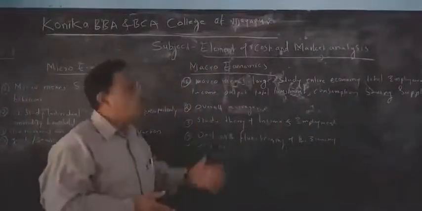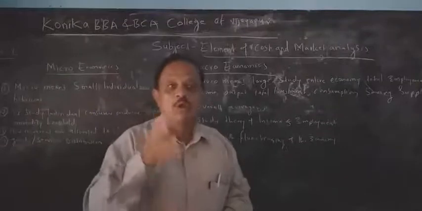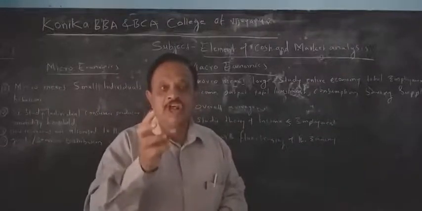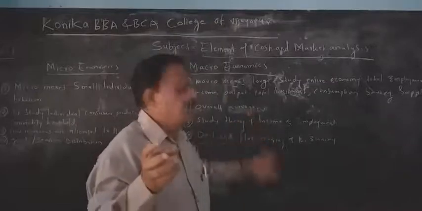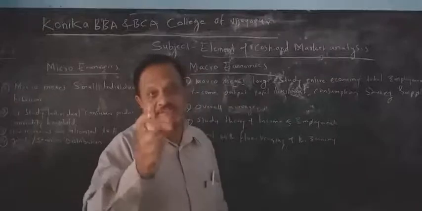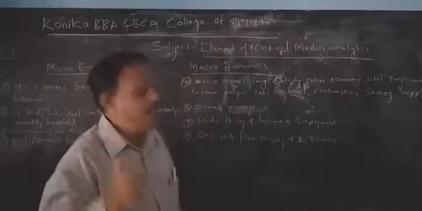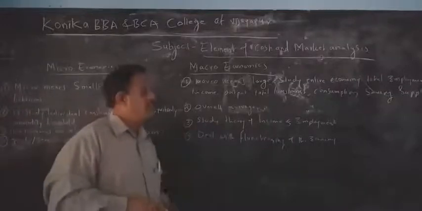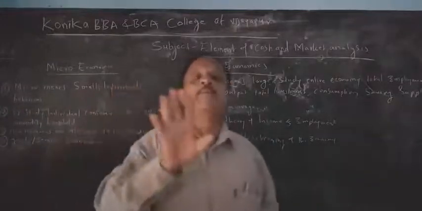Then the overall average of almost all employment, income, consumption, output, supply and total saving, we have to take the total average. We study the overall average and the theory of income and employment.